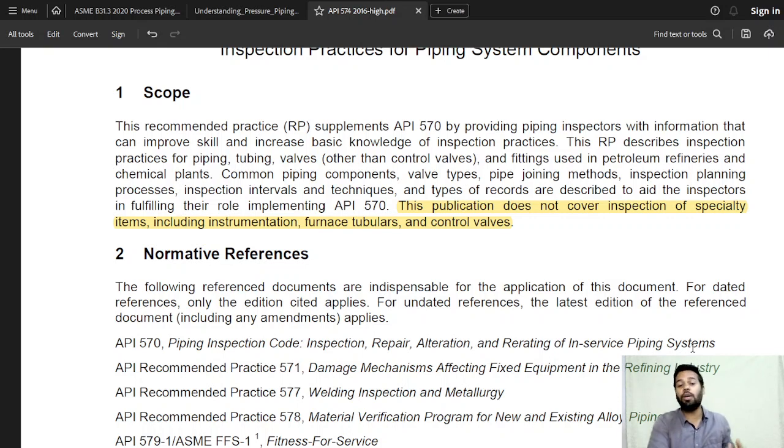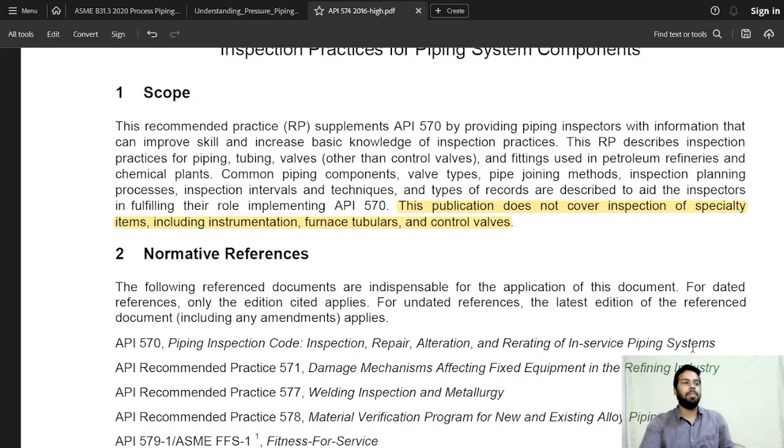This is going to be a closely related document for the API 570 examination, and this recommended practice describes the inspection practices for piping, tubing, valves and other control valves and fittings used in petroleum refineries and chemical plants. Common types of piping components, valve types, pipe joining methods, the inspection planning process, inspection intervals and techniques, and the types of records are described to aid the inspector in fulfilling their role in implementing 570.